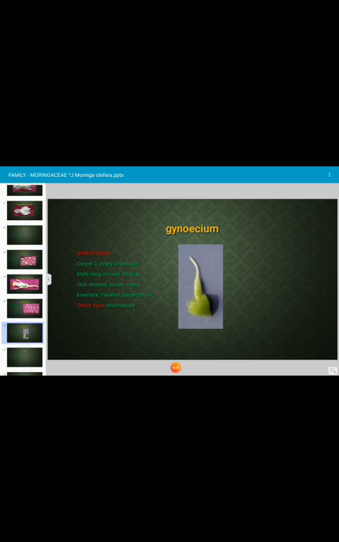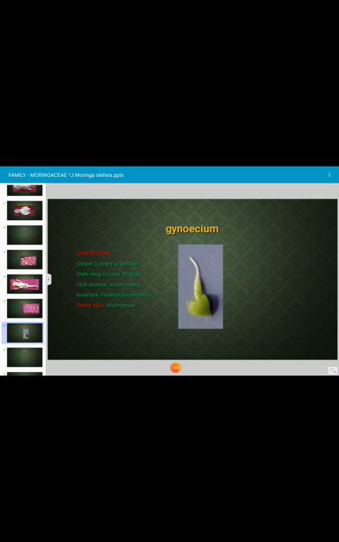Inside, many ovules are there, and it is biserrate. Biserrate means they are arranged in 2 rows. And placentation means what? The attachment of the ovule to the ovary wall. And what type of placentation occurs in Moringa oleifera? Parietal placentation occurs in Moringa oleifera.